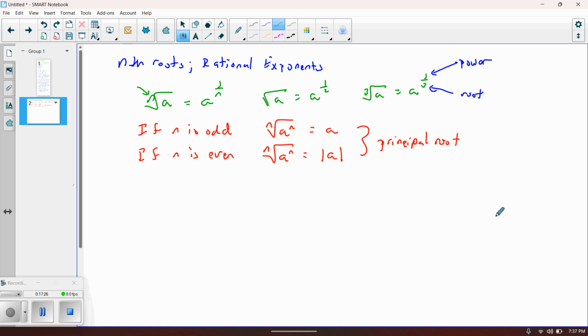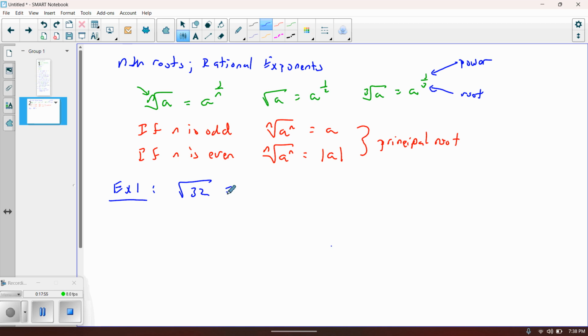You can obviously use your calculators to do roots that aren't perfect roots or even perfect roots, but we're going to focus on how to do this stuff without using the calculator and simplifying roots to the best of our ability. So if we want to simplify the square root of 32, we actually did something like this in one of our other examples in a previous section.